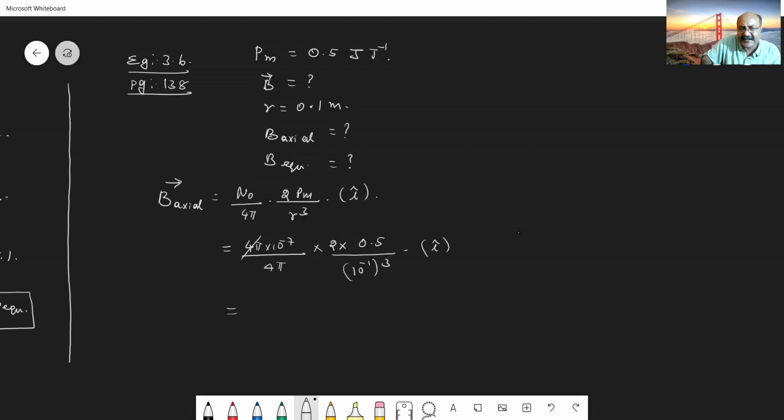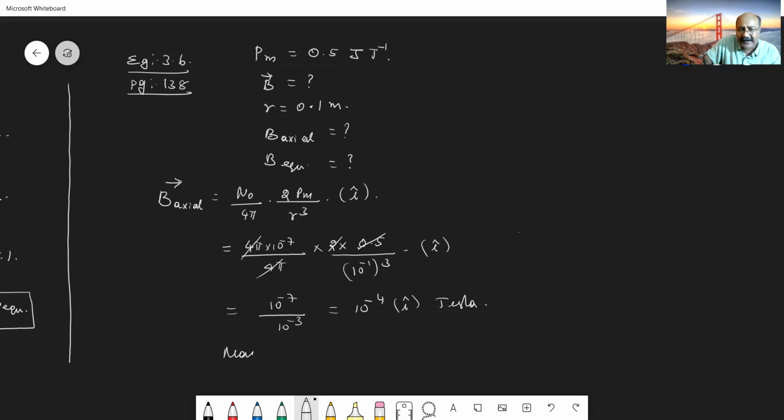Simplifying, the 4 pi gets cancelled. 0.5 is nothing but 1/2, so this 2 and this 2 get cancelled. So I get 10 power minus 7 divided by 10 power minus 1 the whole cube, which is 10 power minus 3. Dividing, I get 10 power minus 4 I cap, the B vector in units of Tesla.